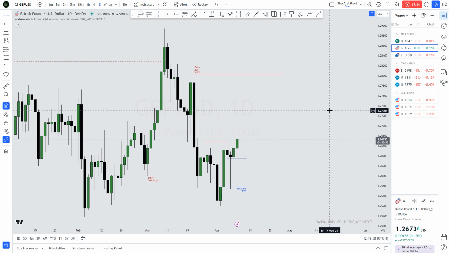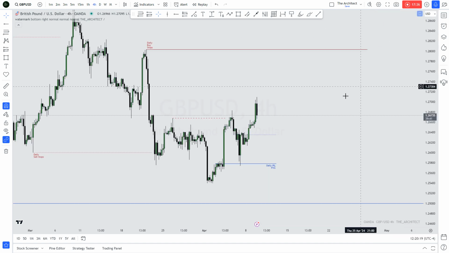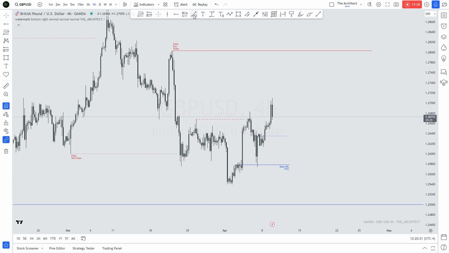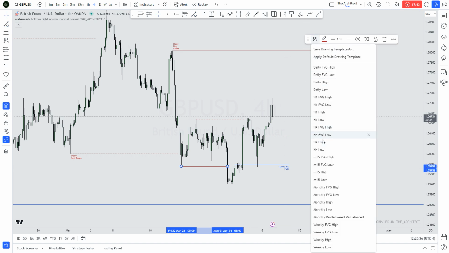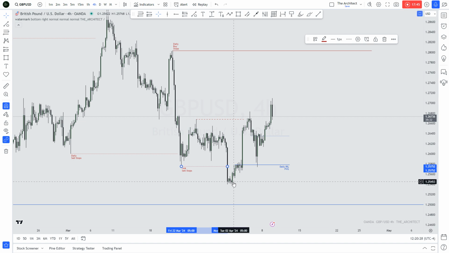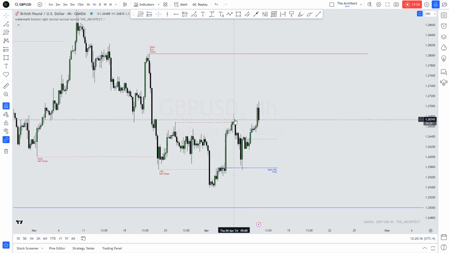But let's go on to the 4 hour. On the 4 hour, we can see that right before the reversal, price took these sell stops over here, which is essentially order pairing. They bought against these sell stops, which resulted in this daily market structure shift, indicating potentially we may start to seek bullish delivery.